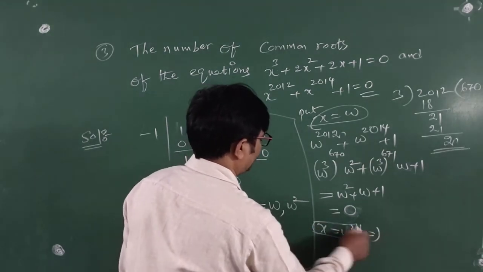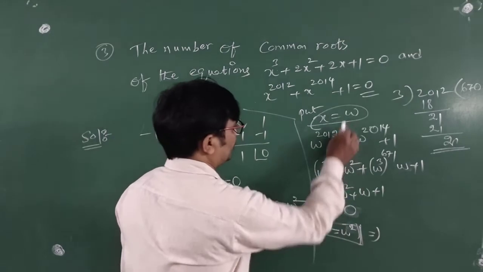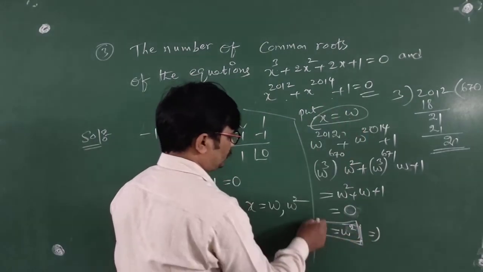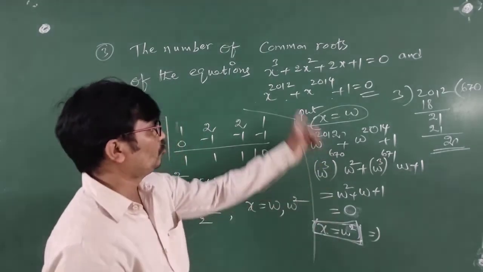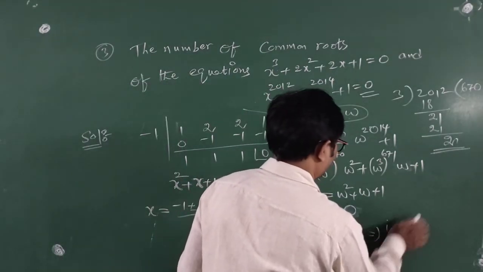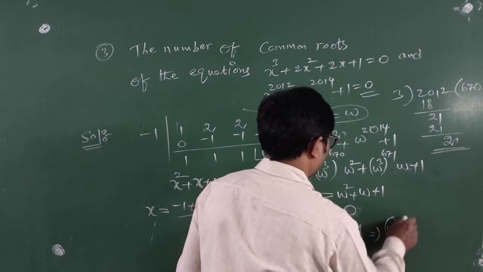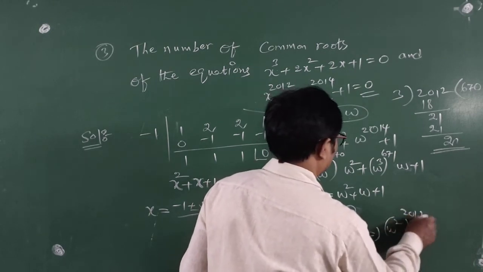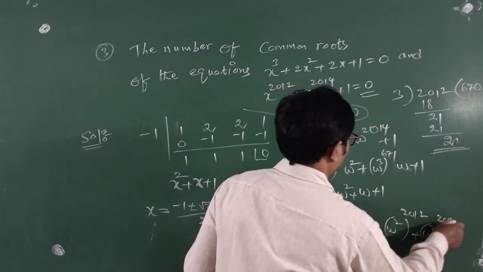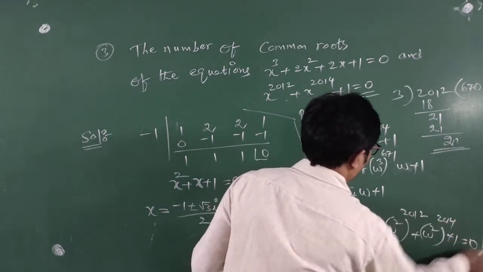undoubtedly, when we take x equal to omega, it is satisfied. When we take x equal to omega square also, we get omega square whole power 2012 plus omega square power 2014 plus 1, and we also get 0.